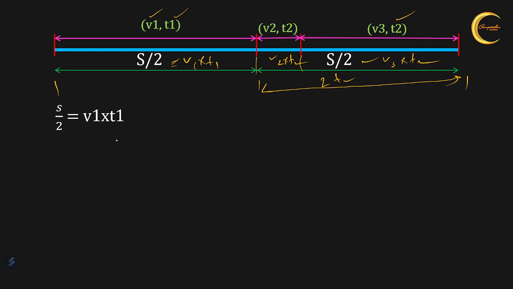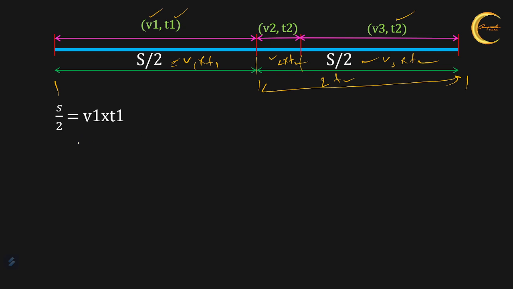Now we have to solve these problems in terms of v1, v2, v3, because there is no s or t1 and t2 given. I have taken s for the distance and t1 and t2 for the time. Now we have to find the average velocity in terms of the velocities v1, v2 and v3.